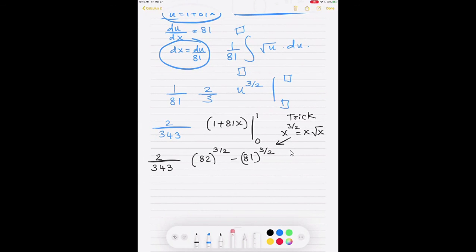Thank you, so I'm going to change that. So this is 243, and so we have 2 over 243 times (82 root 82 minus 81 root 81).